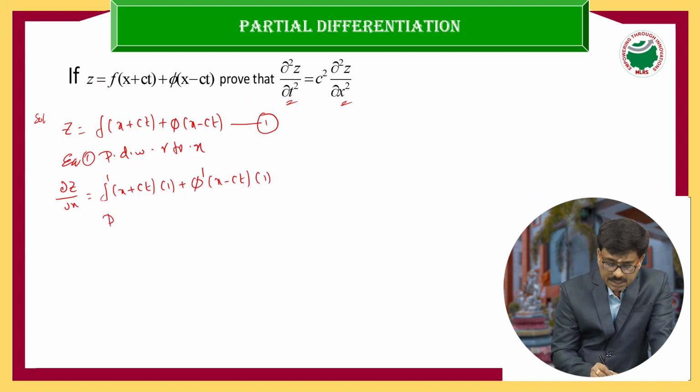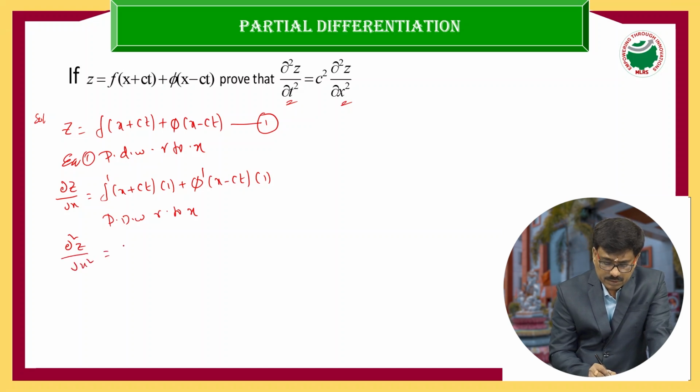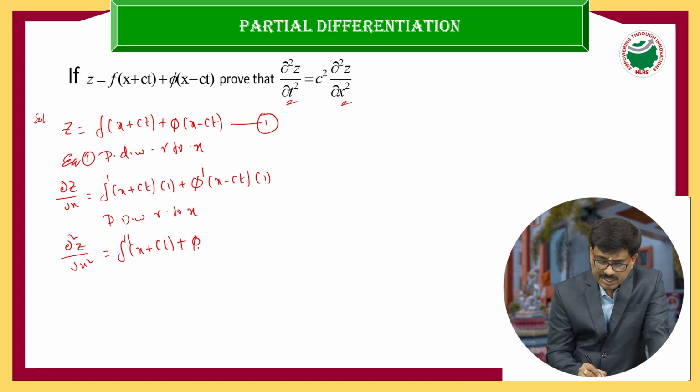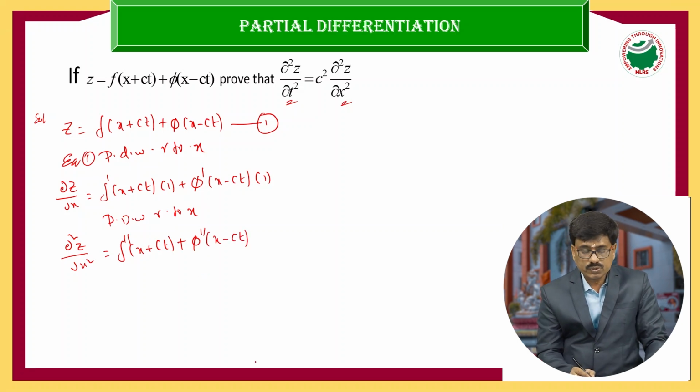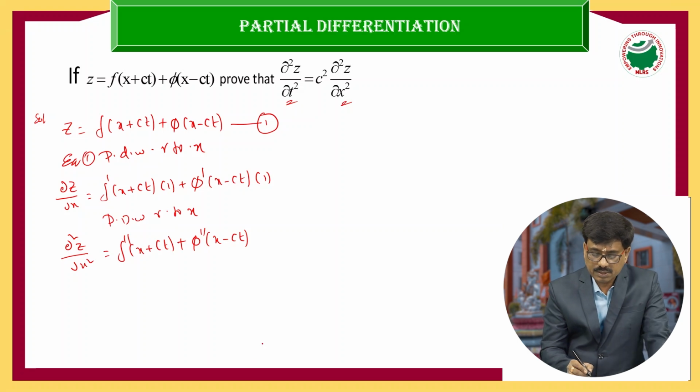Similarly, again partial derivative with respect to x, then this becomes dou square z by dou x square equal to f double dash of x plus ct, again 1 times 1 is 1, plus similarly phi derivative becomes phi double dash of x minus c into t. This is dou square z by dou x square.